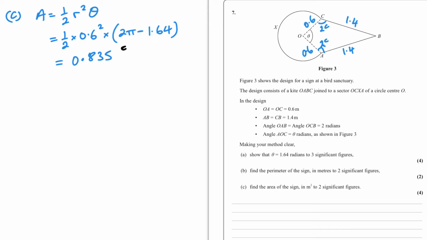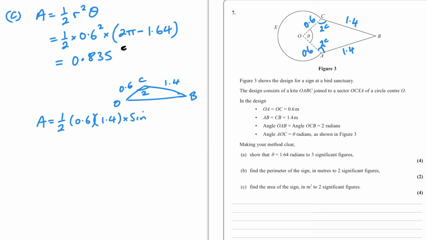Now I need to find the area of the kite, and the easiest way to do this is to find the area of one triangle within that kite, as in triangle, say OCB, which we already used earlier. So if I just do a very quick sketch of OCB, we have two sides and the angle between them. So that means we can use a half ab sine C. So half times 0.6 times 1.4 times sine 2.